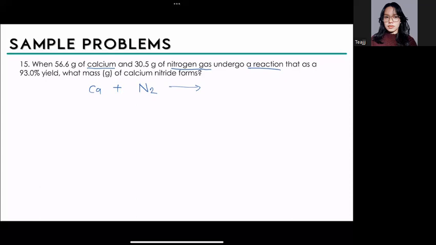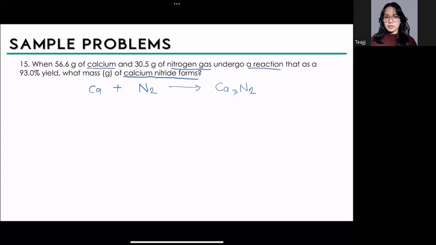Now, sinabi, ano yung mass ng calcium nitride na nag-form? So, calcium nitride is Ca3N2. Okay? Now, the formula for percent, like I said earlier, that's gonna be component over total.